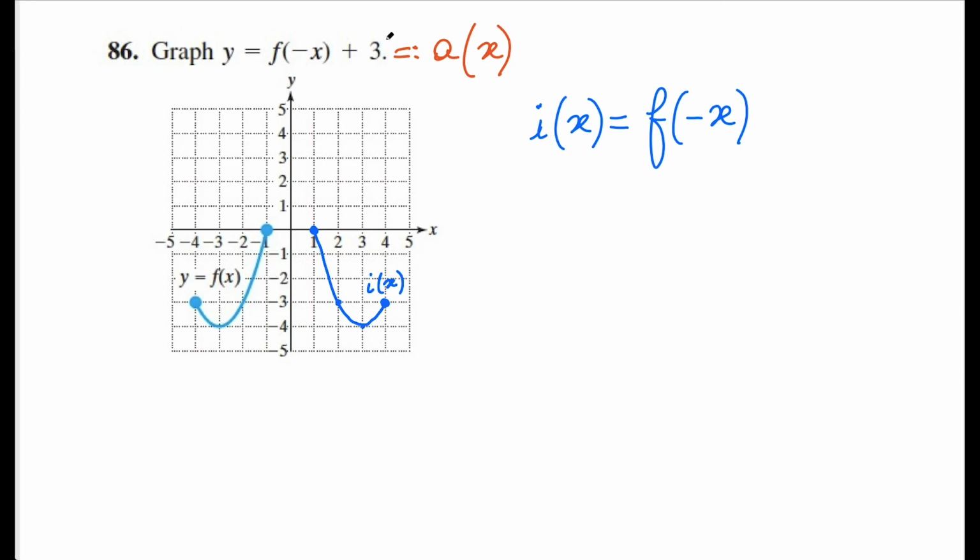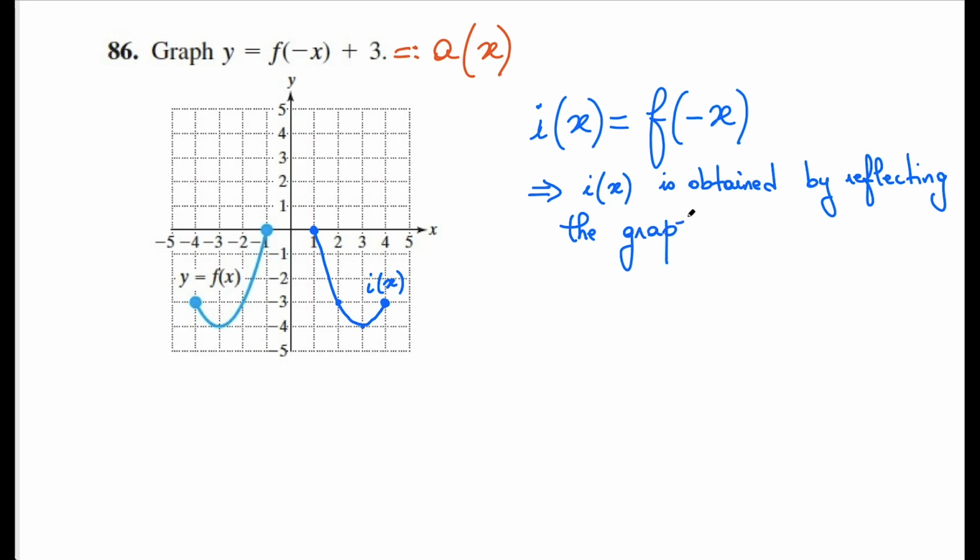And finally, I'm going to add 3 to this result, so I'm going to create a new function. Let me just write the details for you. I of x is obtained by reflecting the graph of f in the y-axis.